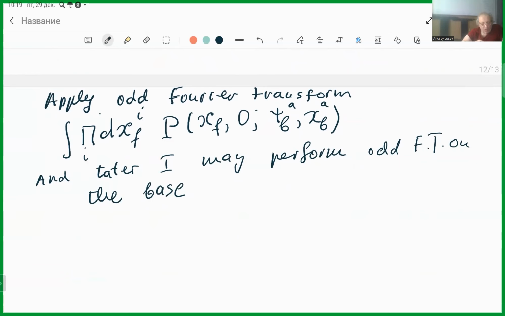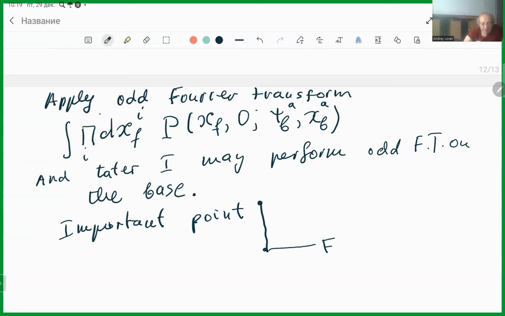I want to point out the following. Important point. So here I have, suppose that this is a fiber.